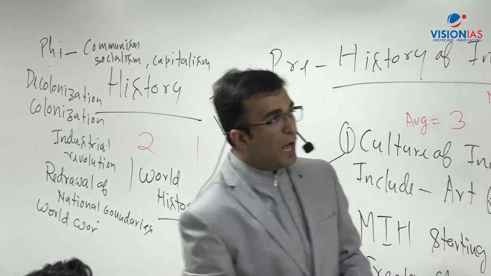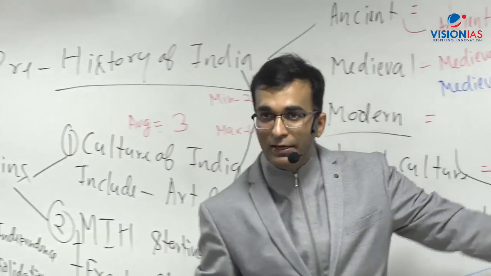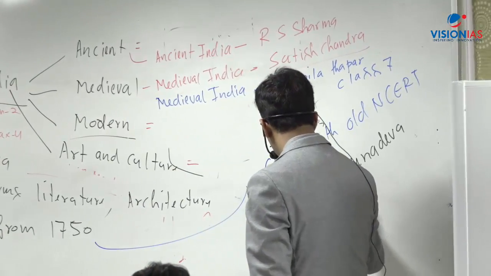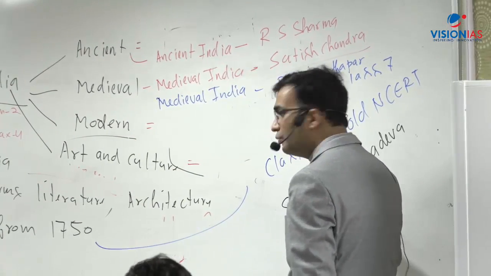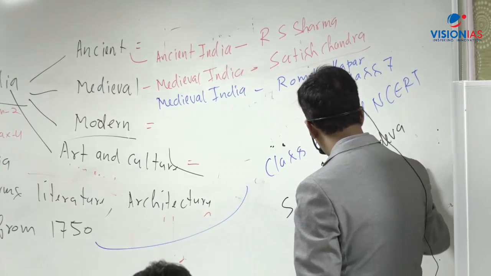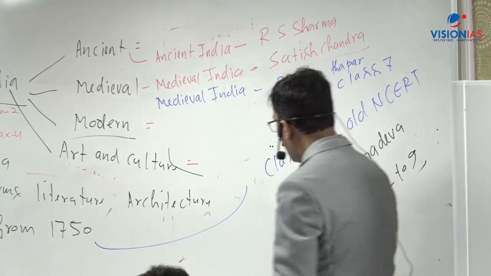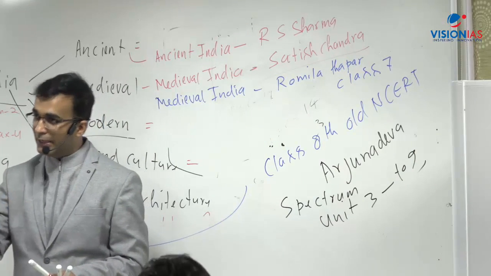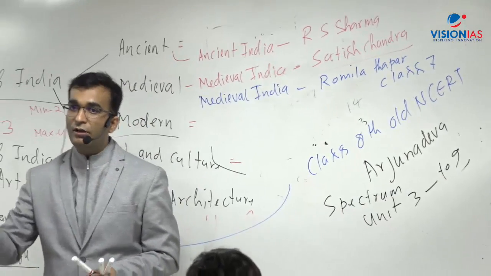Apart from this Class 8 NCERT, what I'll suggest is that you go with the Spectrum. And I'm also writing the units, unit 3 to 9. Then alternative source also I'm writing. If someone feels good that they can do it, they can go with that, the Struggle for Independence.